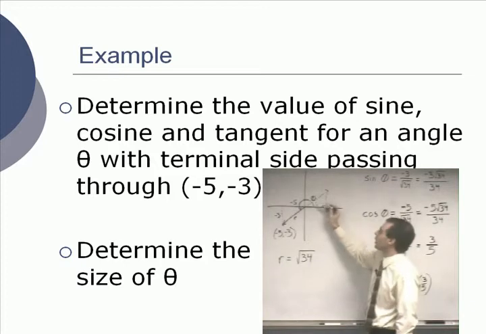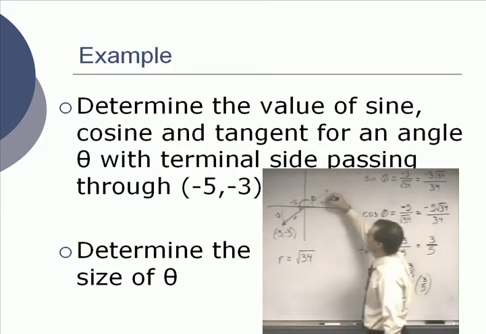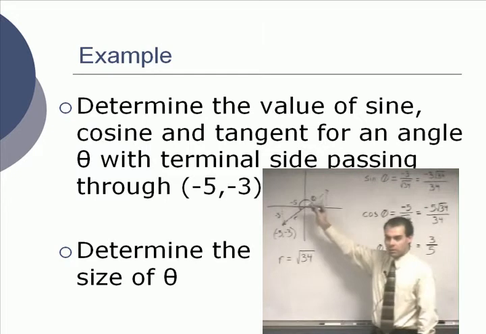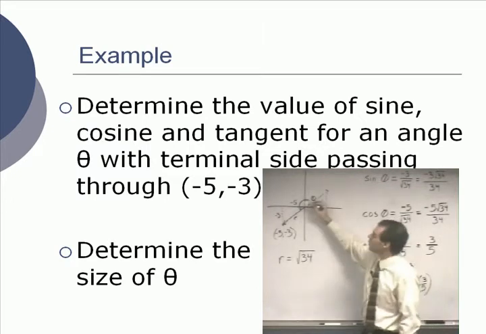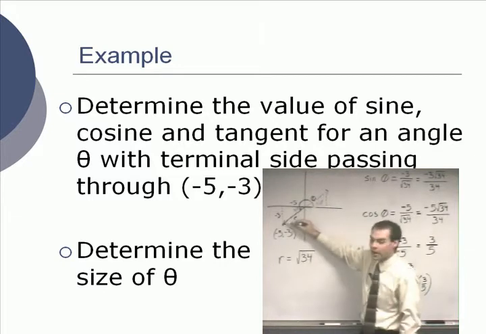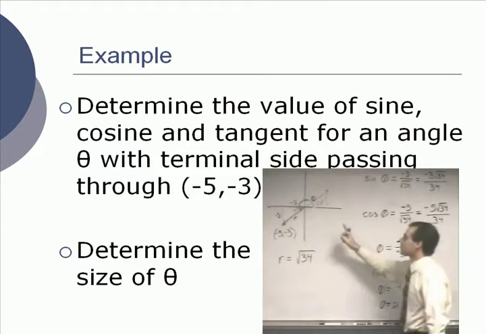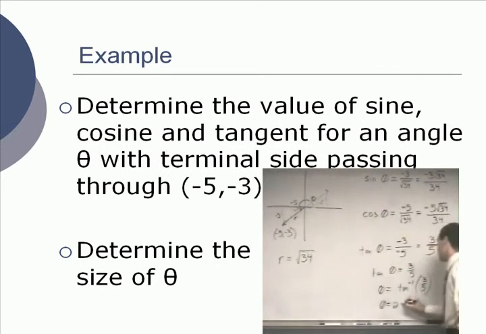It said 31.0 degrees, but we know that's not our angle because we're in the third quadrant. So we have to take a reference angle of 31.0 degrees, which actually makes our angle what? 211. We have to add 180 degrees to that, and we get 211.0 degrees. That's our angle.